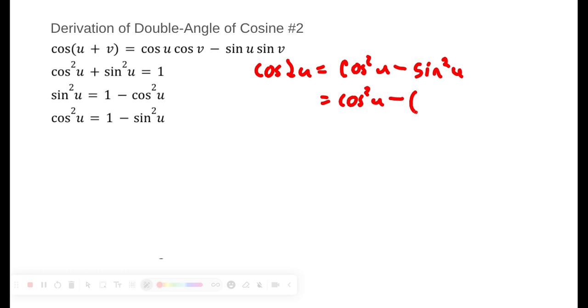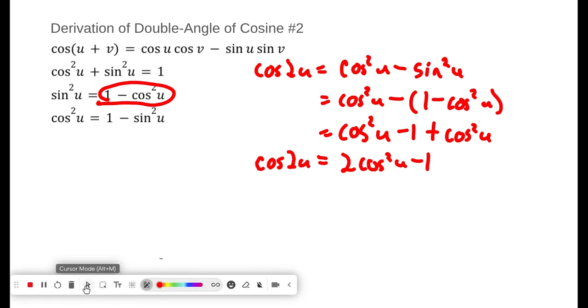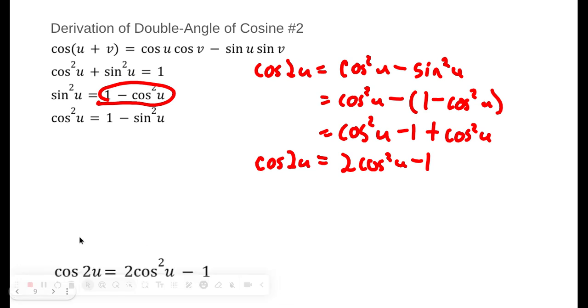Since we know that sine squared equals 1 minus cosine squared of u, we're going to have cosine squared minus 1 plus cosine squared u. And that means that our cosine of 2u equals 2 cosine squared of u minus 1. And that ends up being the formula that we have down here.